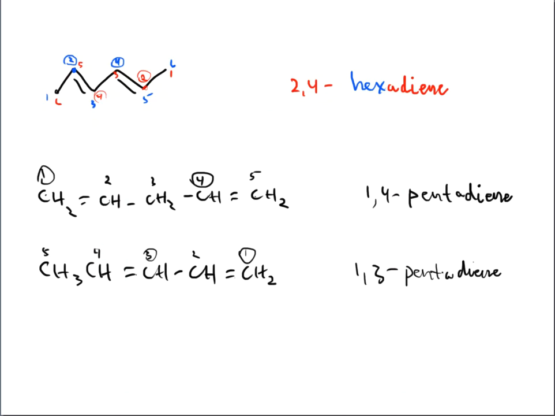All right, so I've done examples that are involving 2 of them, right? So keep in mind that you could have 3 double bonds. That would be called triene. You could have 4 double bonds, and that would be called tetraene. All right, and that's typically where we stop, especially in the first semester of organic.